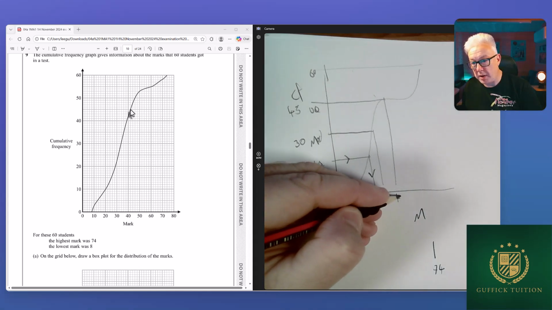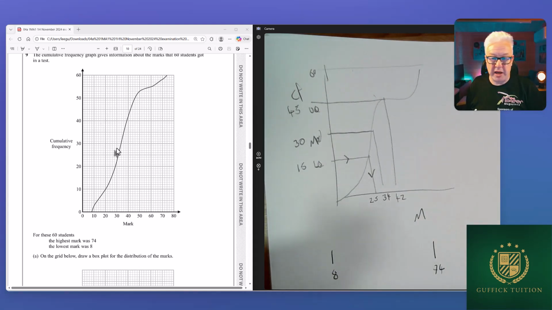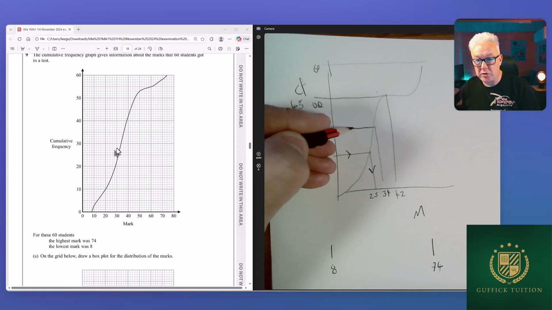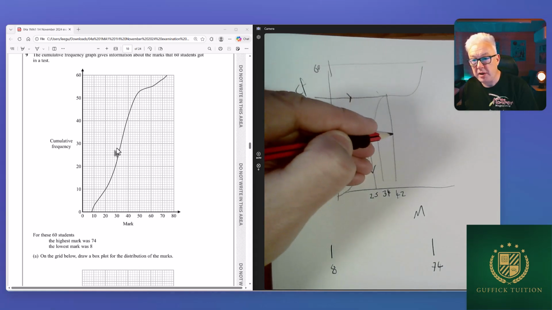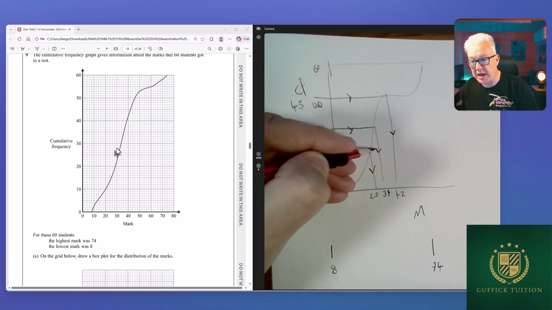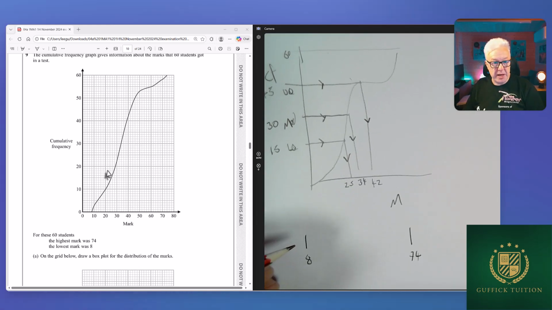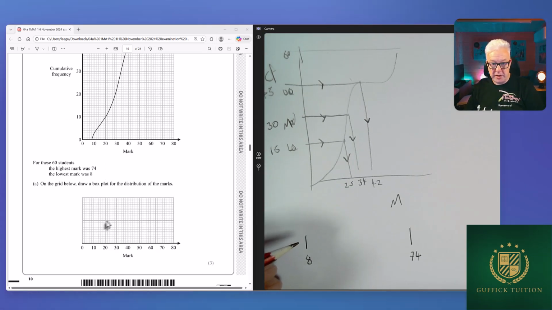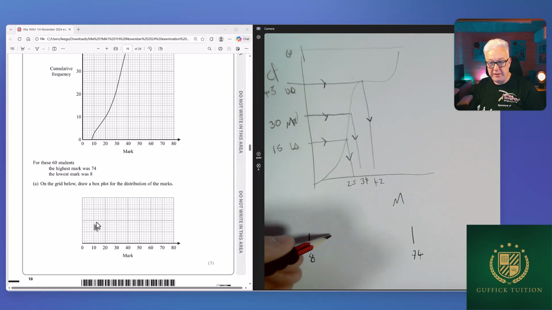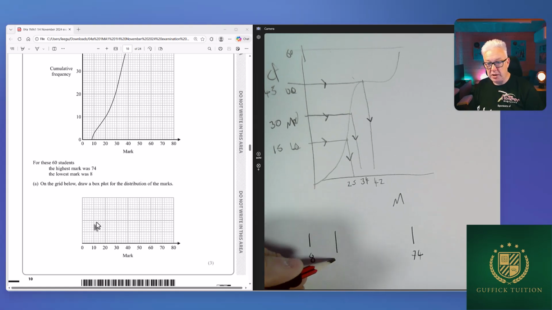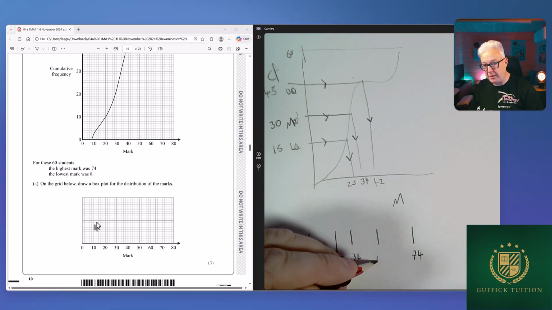Now, obviously I haven't drawn them on this graph over here, but to get the marks, I would be drawing lines on my graph like I've just drawn in this little rough sketch. They've given the scale there as well. Wow, that's super nice. So you're just going to draw a line there at 25, a line there at 34, and a line here at 42.